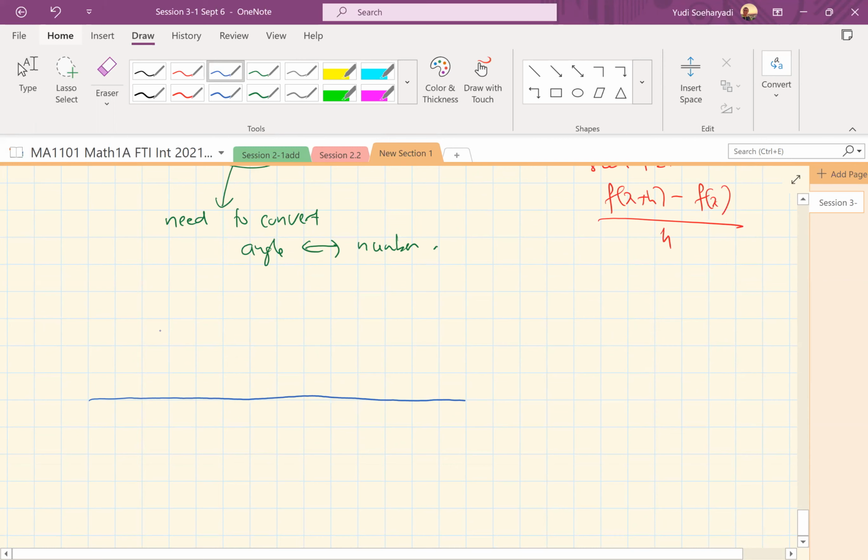Suppose you have, say, a tire, a circle, at rest at 0, and you rotate the tire.